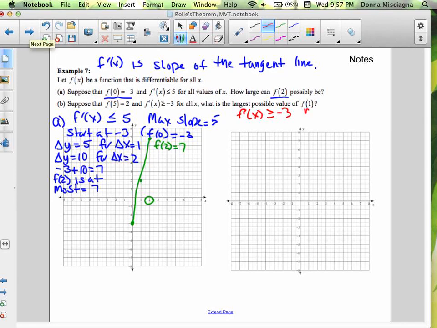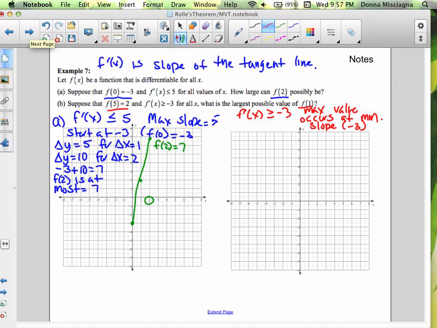Our maximum value occurs at the minimum slope, which is negative 3. That's because we're going to be going the other direction, because we're given f of 5. We're going to count backwards to f of 1.